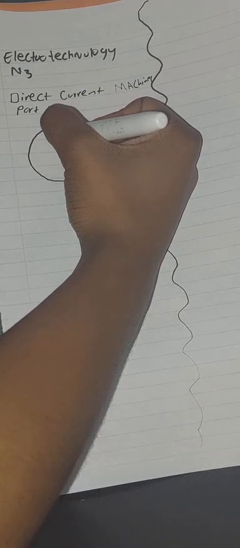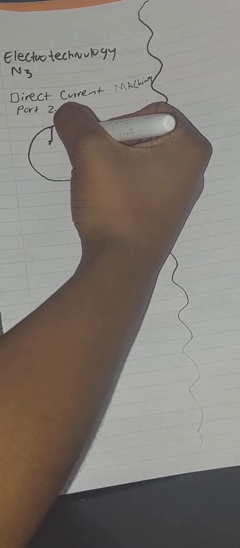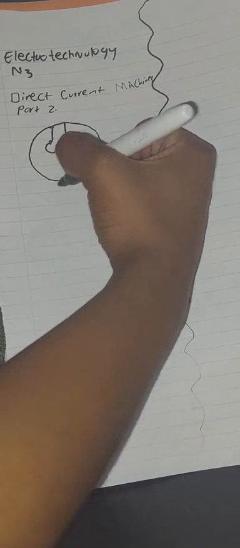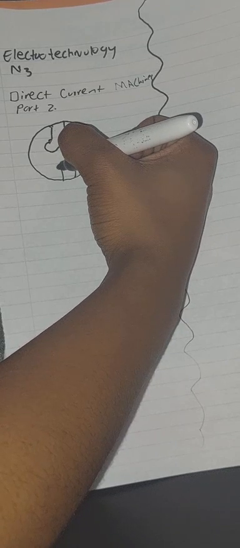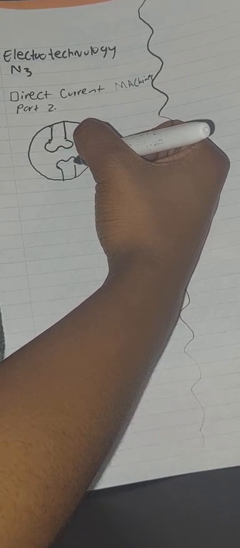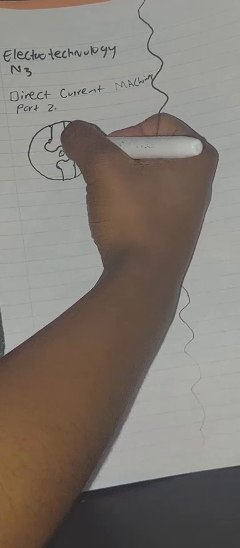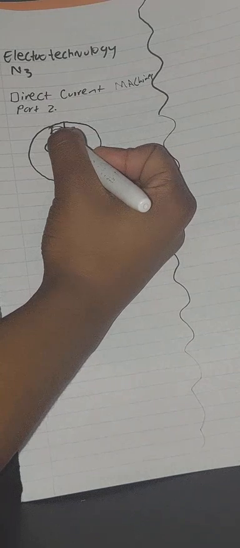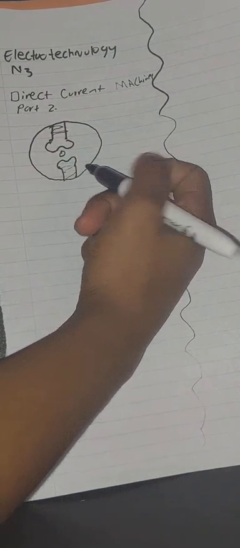A DC machine consists of what? Poles. Remember, on this side too, and a little dot there, and it also includes this and this.